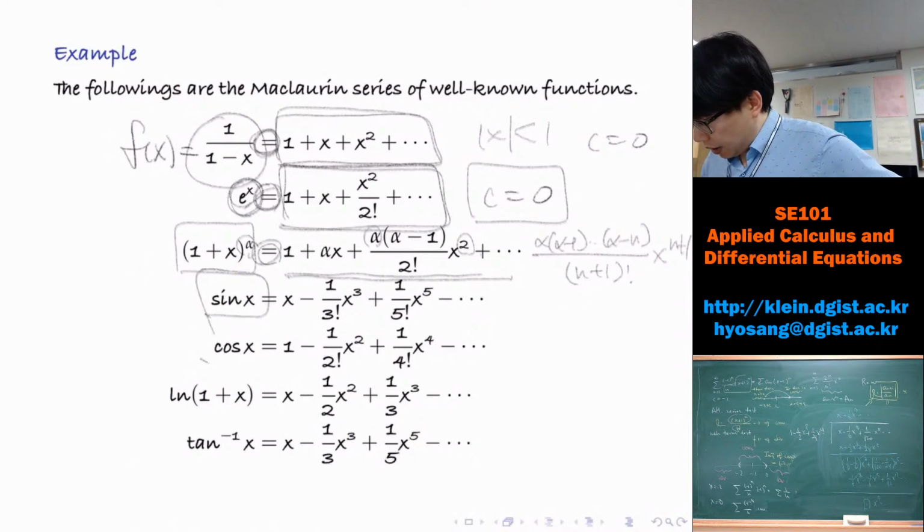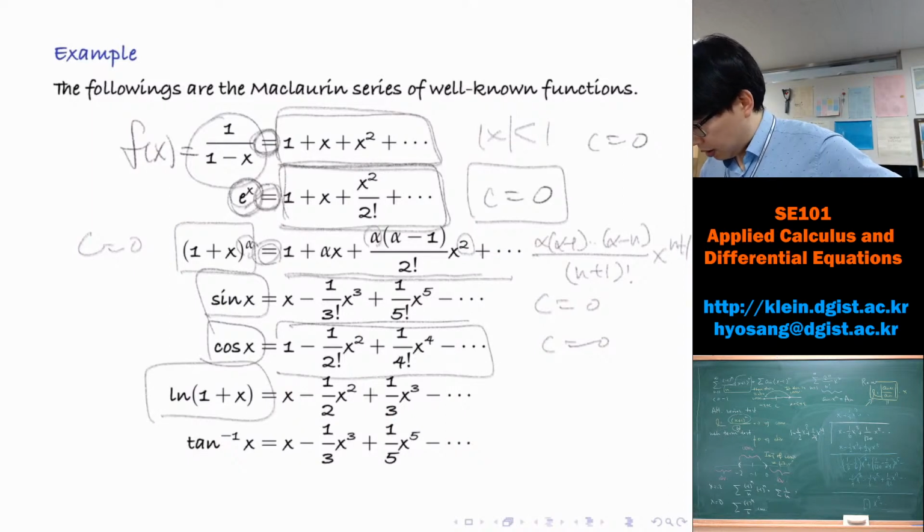So sine x and cosine x have a Taylor series at x equals 0. These are also with center c equals 0, of this form. And the log function, the ln function, has a Taylor series at c equals 0 of this form.